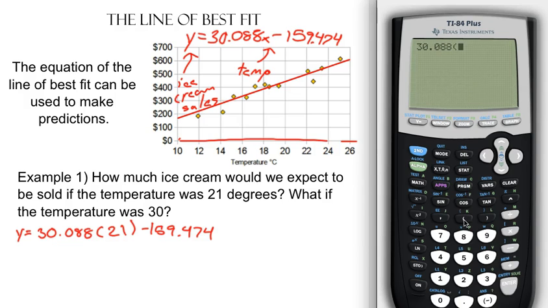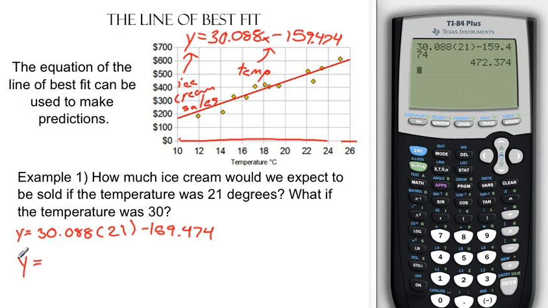I apologize for the technical difficulties there. And now, through the magic of the calculator, I know that my ice cream sales will be 472.374.